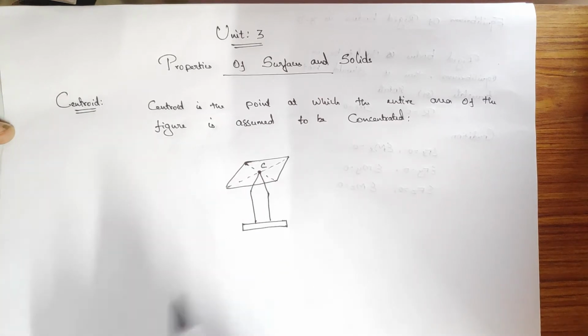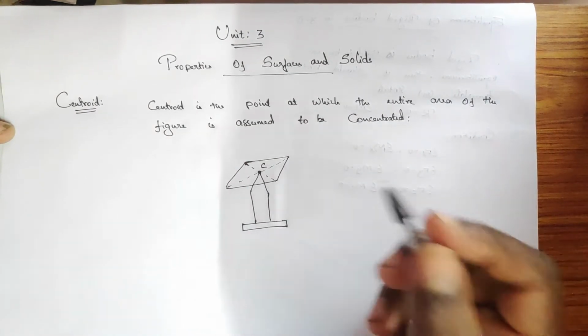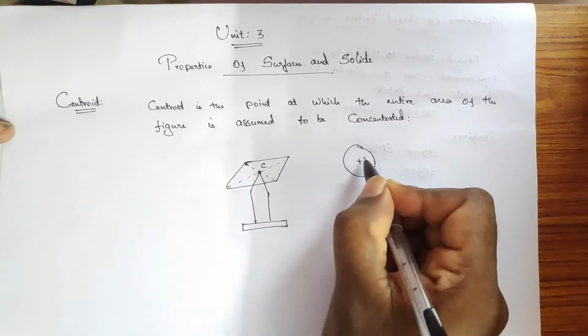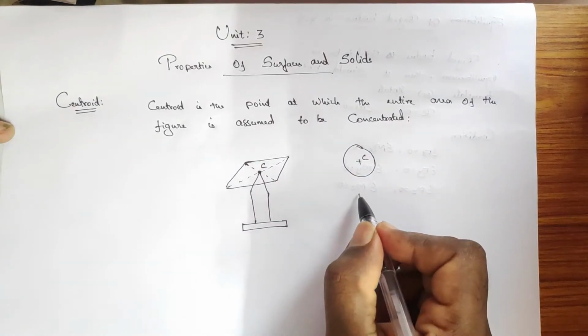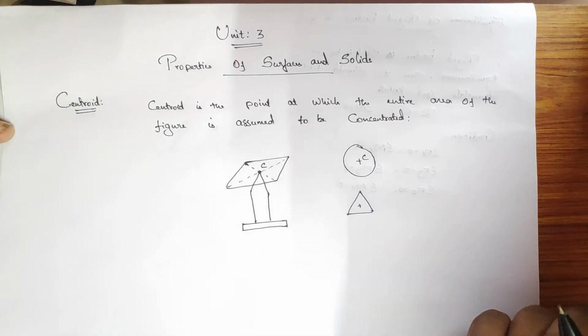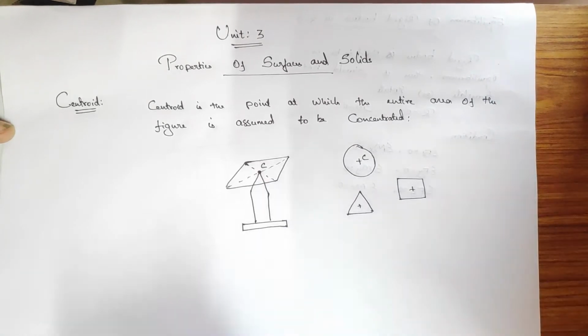Similarly, all the geometric shapes like the circle, the triangle, and the square have a centroid.